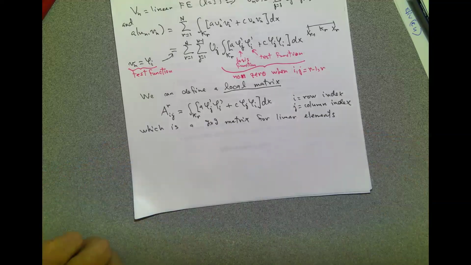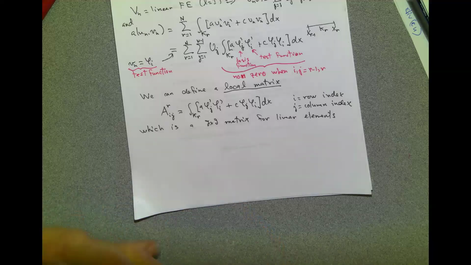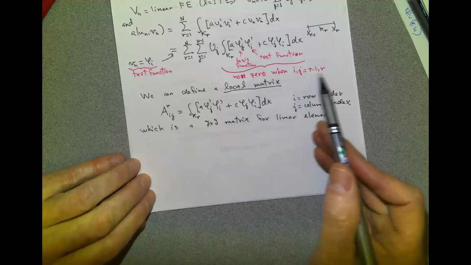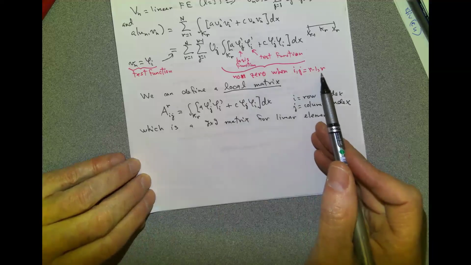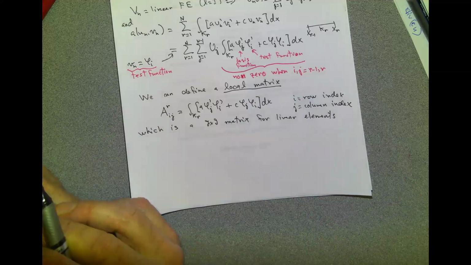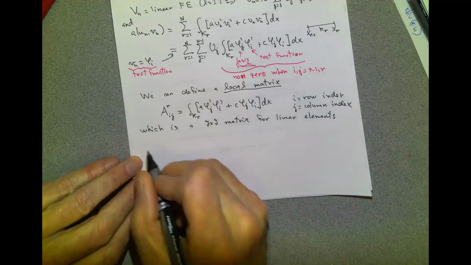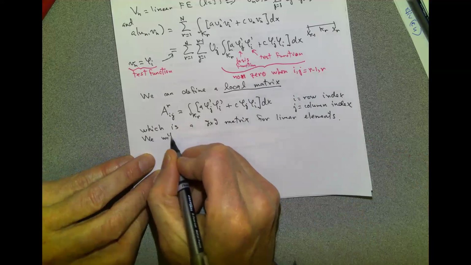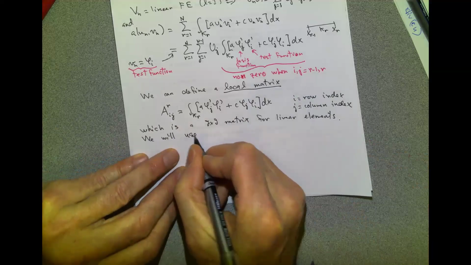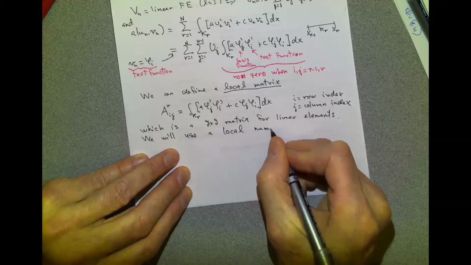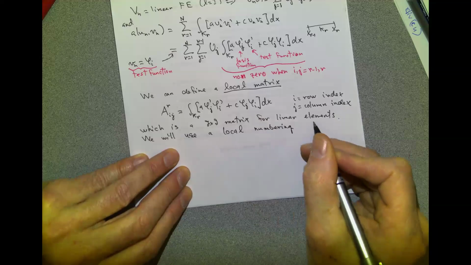I will figure out later on where I have to put this matrix in the global matrix, but this is a 2 by 2 matrix. From what I have here, it should be indexed by r minus 1 and r, but there is no point in actually keeping the global numbering. I can use a local numbering, so we will number this matrix using a local numbering in the following way.